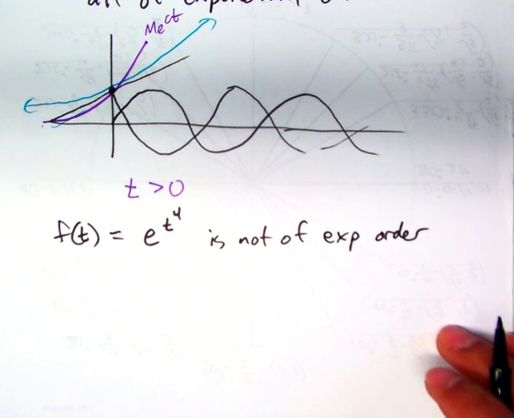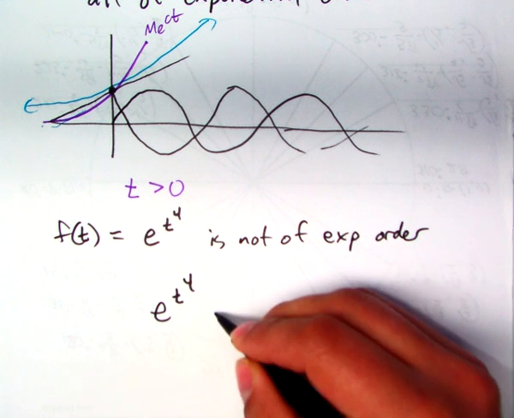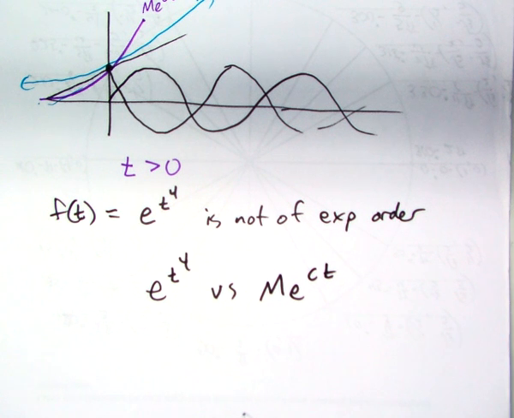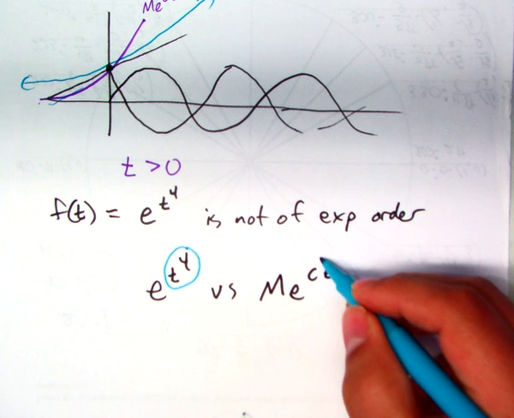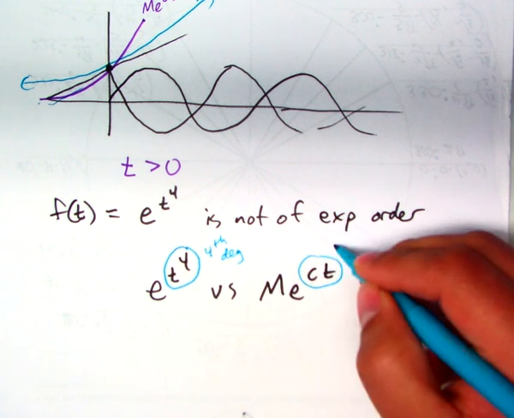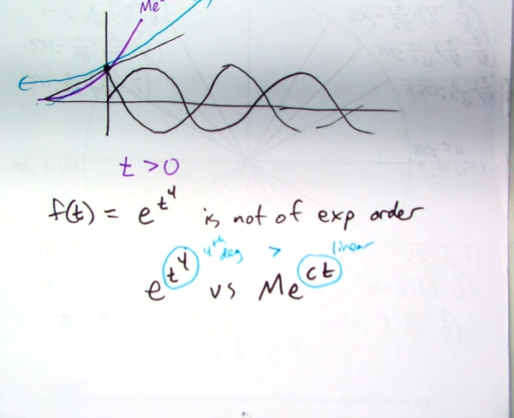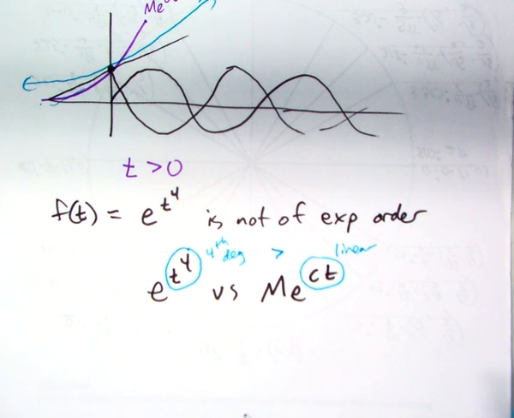But hopefully you understand that if we're comparing e to the t to the 4 with some exponential function M e to the ct, why is this not of exponential order? In general, here we have a fourth degree exponent, and this is just a plain old linear exponent. If this exponent is larger than that one, then this function will be larger than this function in general, and therefore it's not of exponential order.